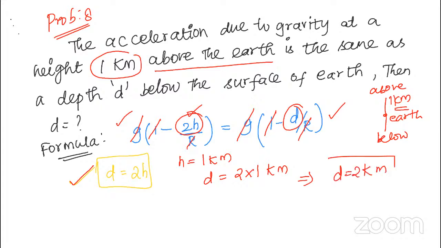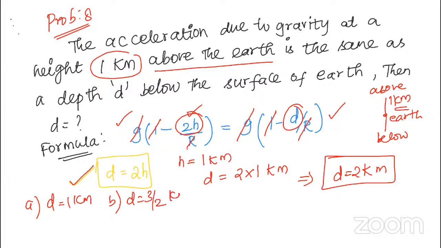They have given the options: A is d is equal to 1 kilometer, B is 3/2 kilometer, C is 2 kilometer, and D is 1/2 kilometer.